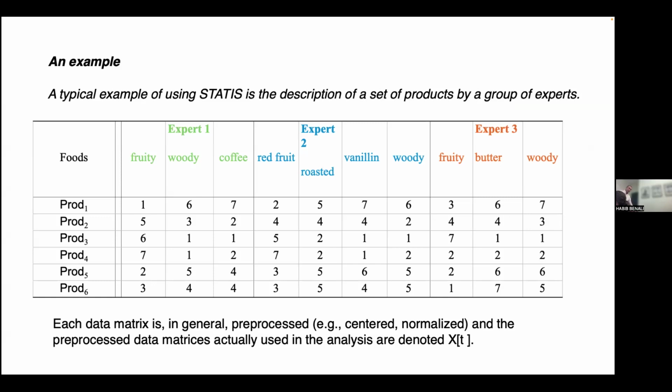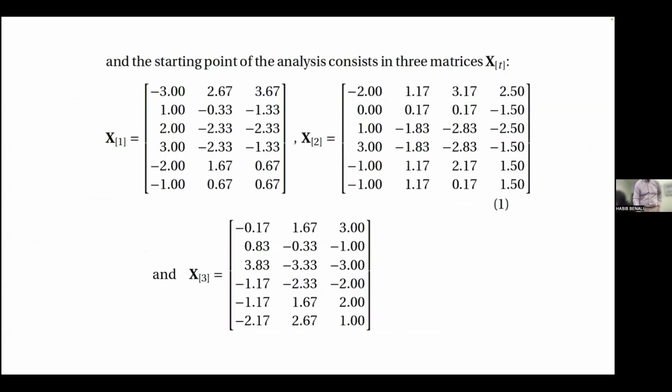So based on this, the first thing that the STATIS method does is to reduce the data set exactly the way I have in mind, calculating a covariance matrix. And the standard deviation gives you this kind of matrices.